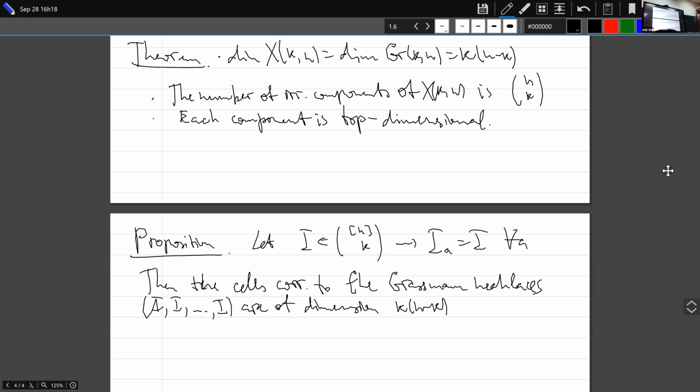So this is the description of the top dimensional cells, and these are all top dimensional cells. And then in order to answer Igor's question, you have to say what are the smaller cells in the closure of a given one. And for that, you have to introduce some order on Grassmann necklaces. I don't remember if I said something last time. Well, we had some order. Is it the same? Probably. So there is an order coming from this shifted order.